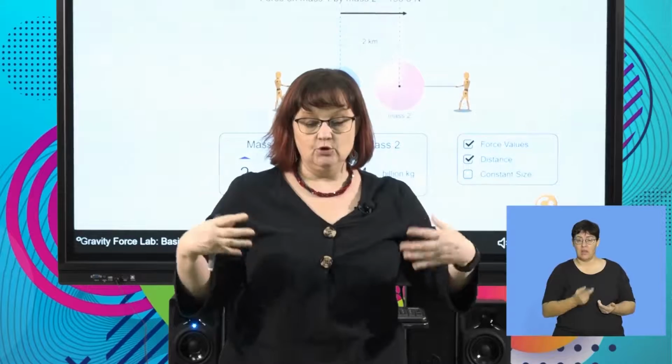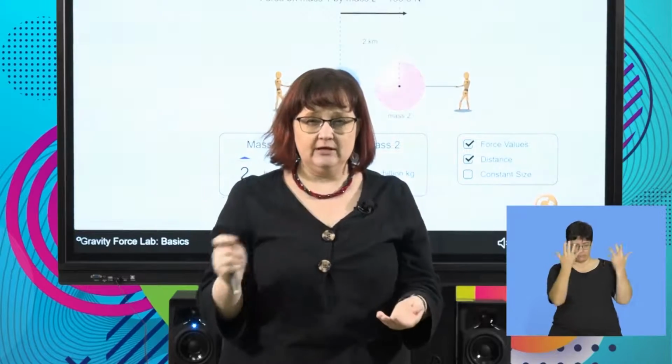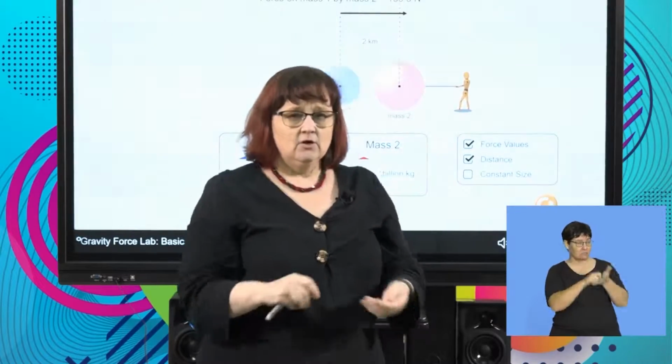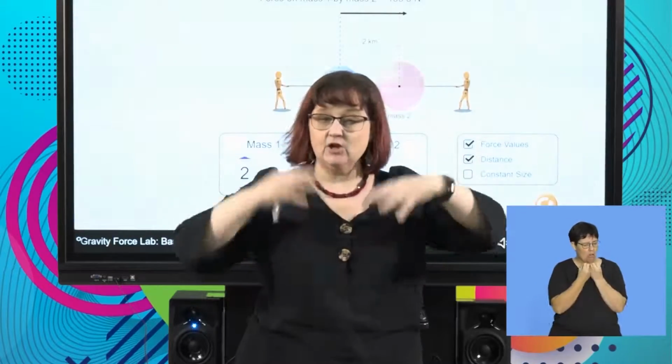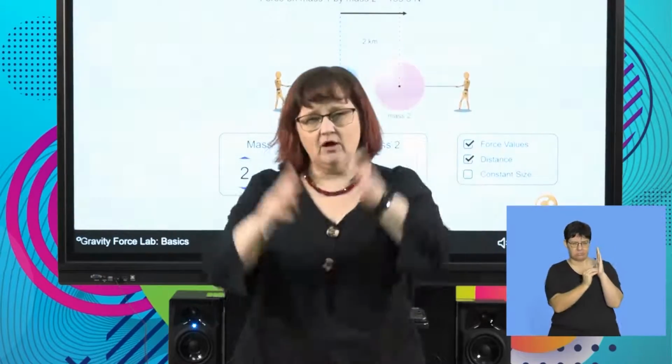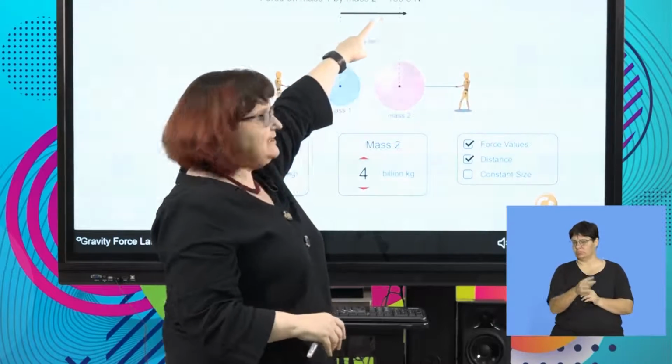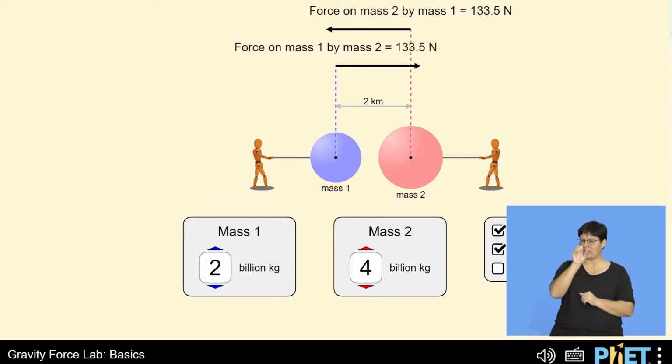Remember when Newton would have done this, he would have done all the calculations by hand, didn't have calculators, which is scary, all by hand. So this would have taken lots and lots of data and drawing graphs and all sorts of things. But if we think about it again, we've seen that value before, the 133,5. We started with 33,4.